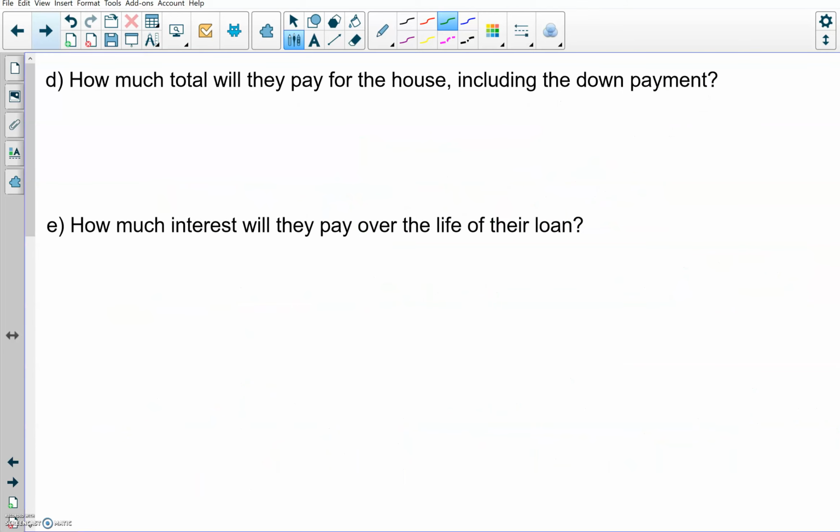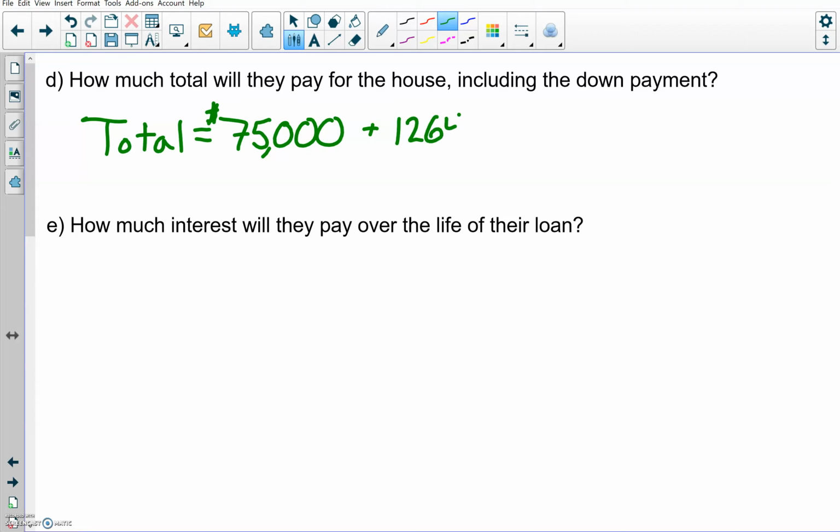Okay, so the next piece here, how much total will they pay for the house, including the down payment? So what we have to think of here is the total. Well, they're going to get the $75,000 included in that total. They had to pay that right up front. They put that down. They didn't pay any interest on it, but they still paid that as part of the process of getting this home. And then they're going to have that $1,264.81 payment 12 months of the year for 30 years.